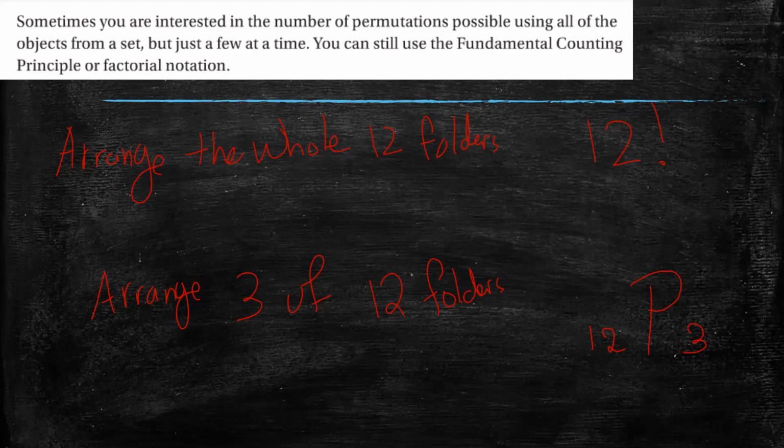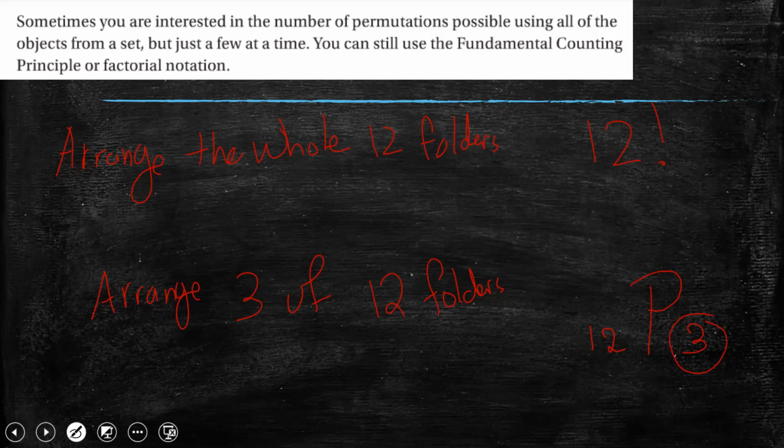But if I want to take 3 girls from you in order, I have only 720 ways. So this means the number of permutations of 12 arranged in 3, that I want to arrange 3 from 12 girls.